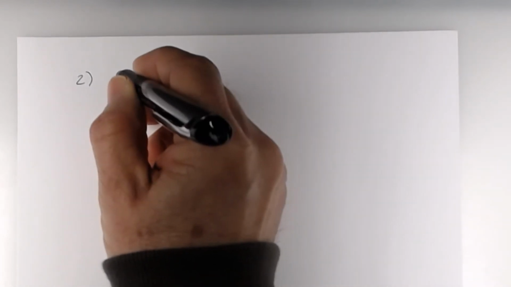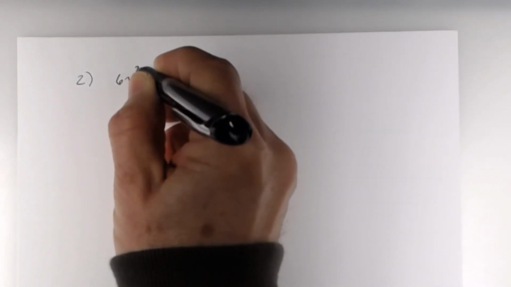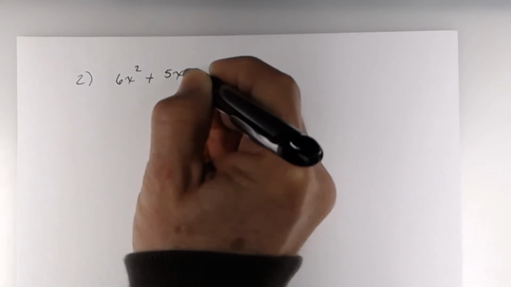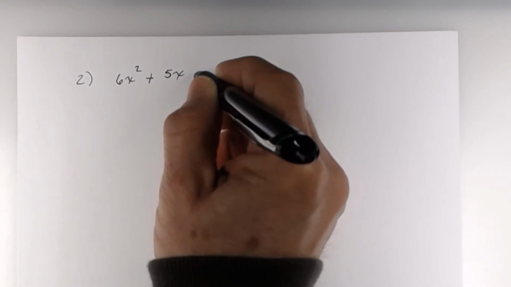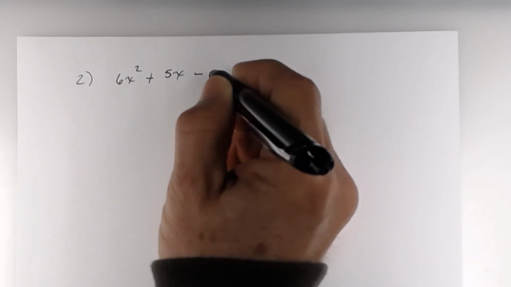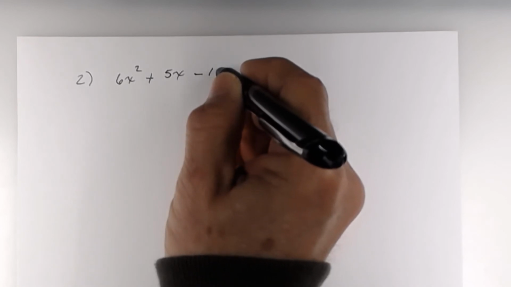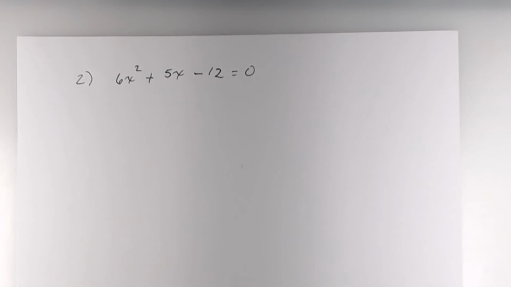So suppose we had 6x squared plus 5x minus, let's say I'm going to use 12, equals 0. So 6x squared plus 5x minus 12 equals 0. All right, so I want to solve this by completing the square.